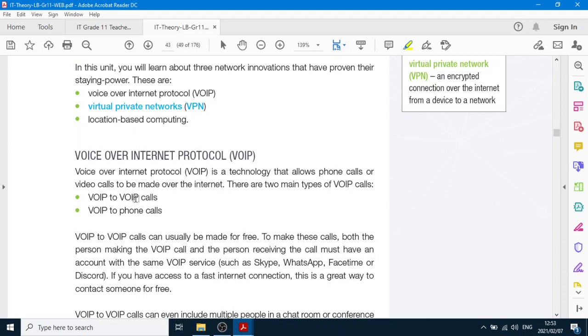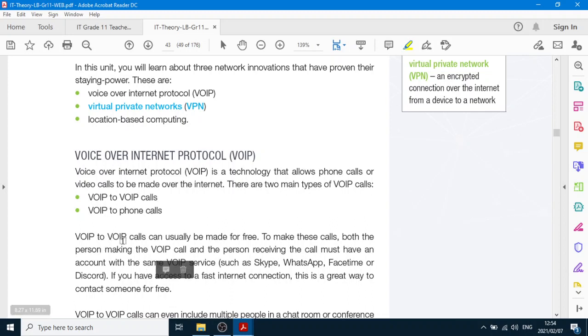VoIP, we know all about that, making calls from Skype, but that's old now. Making calls from WhatsApp and other communication apps. VoIP to VoIP calls and VoIP to phone calls.